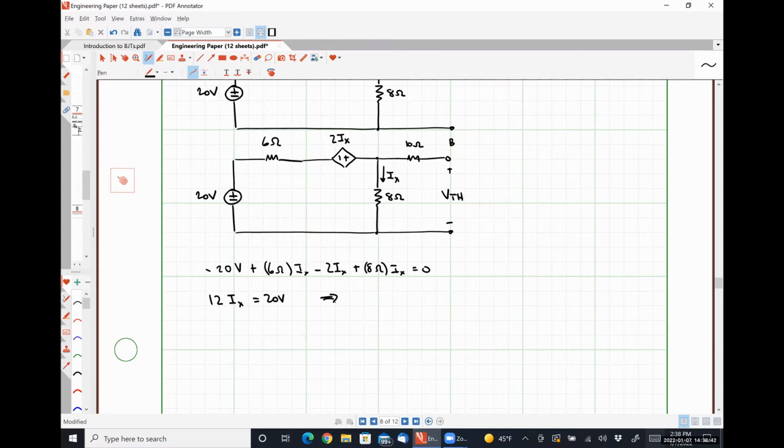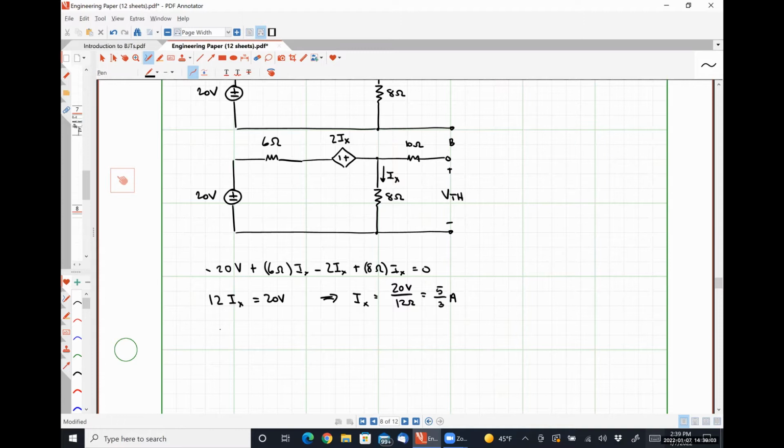And from that, Ix is 20 volts over 12 ohms, which is going to be 5/3 of an amp. Divide both by 4, right? Yeah, 5/3 of an amp.